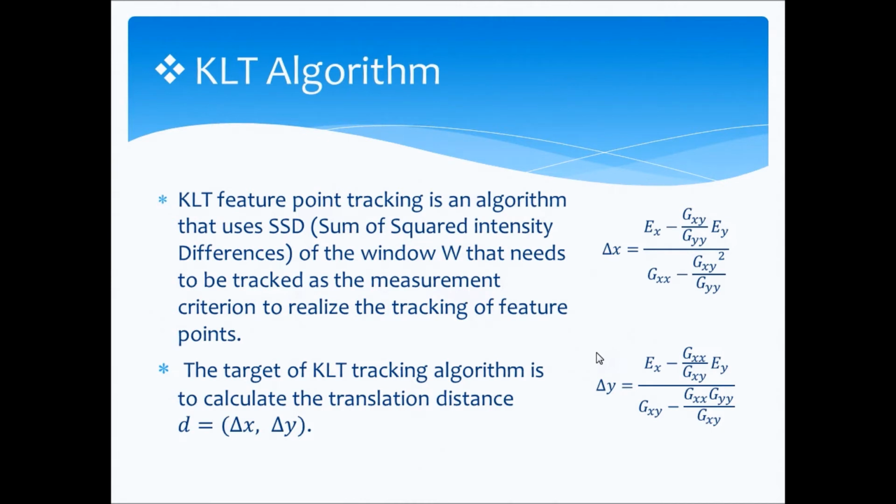The target of the KLT feature points tracking algorithm is to calculate the translation distance, and here are the results. The process of solving delta x and delta y has been described clearly in my report, and you can also find it in many other documents.